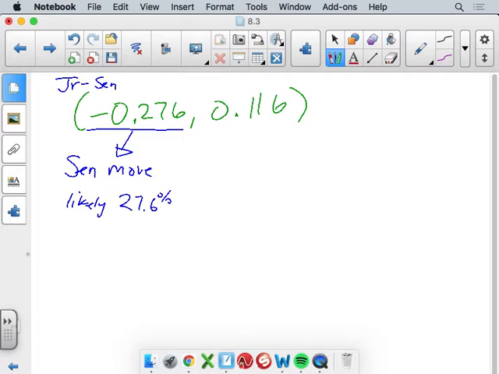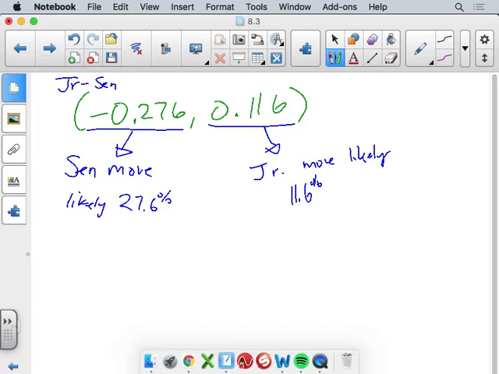That's what that means. But then what does this one mean? A positive number. Yeah, if I do juniors minus seniors and it's a positive number, that means juniors are more likely by 11.6%.